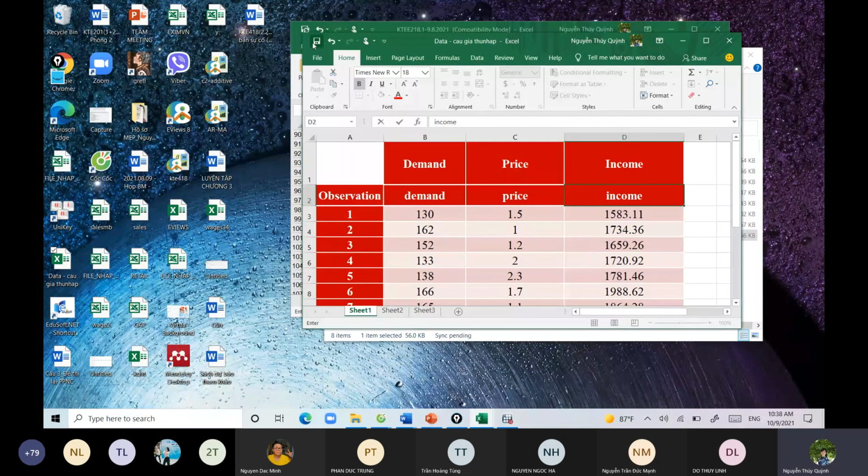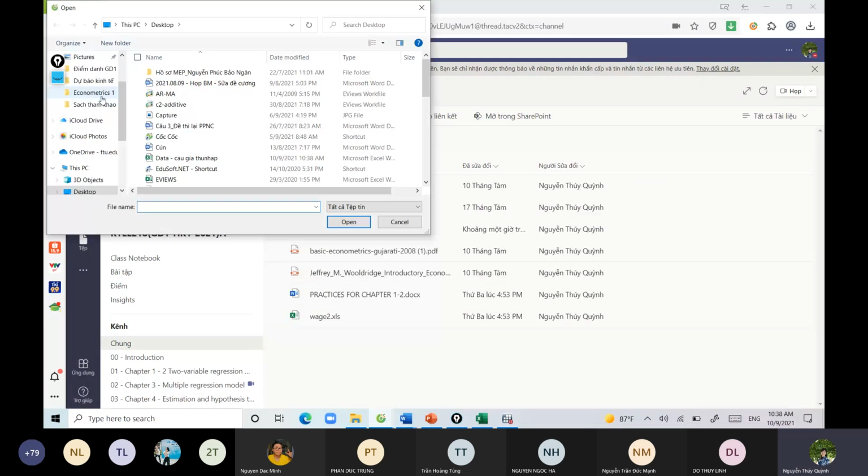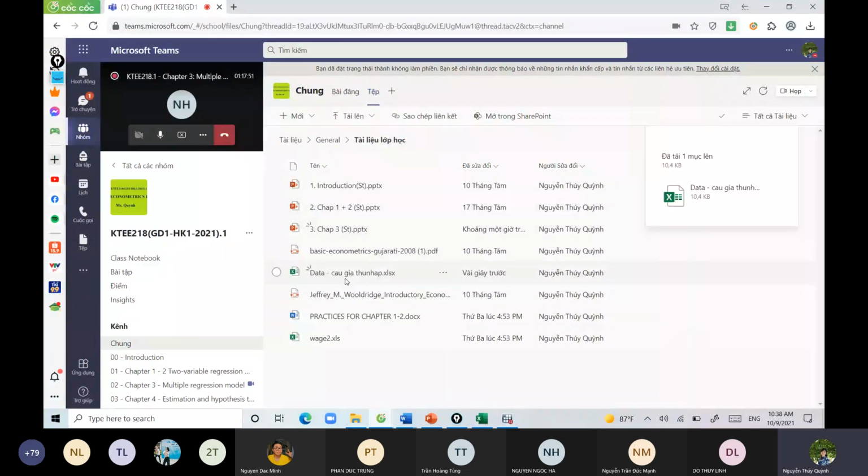All right, I will post it again. This is the data, and you can use it to estimate our three variable regression model in Stata. Now let's see whether it is faster and easier to estimate using Stata.